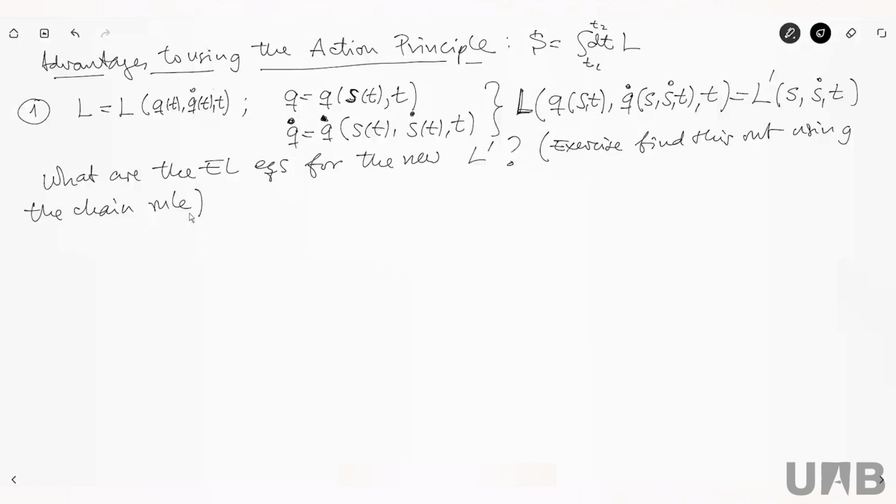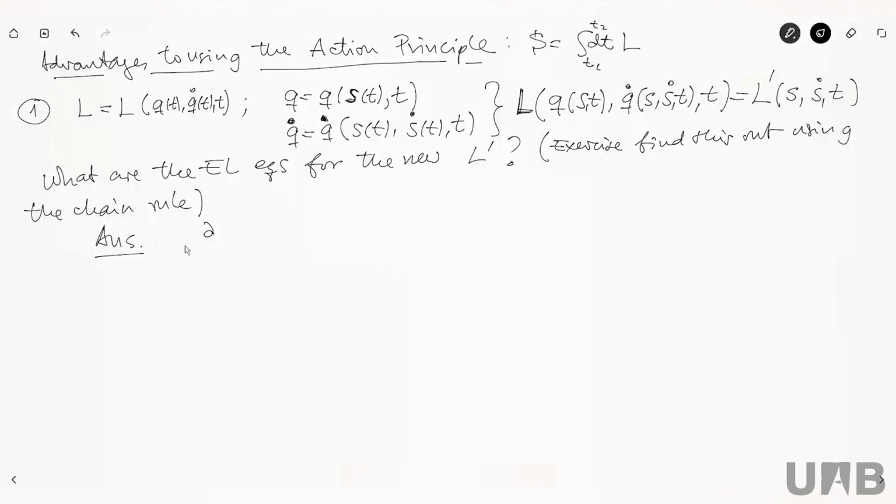But now we're going to do it in a different way. We're going to do it by thinking in terms of the action principle, and we're going to see that the answer is very simple. It is the following.